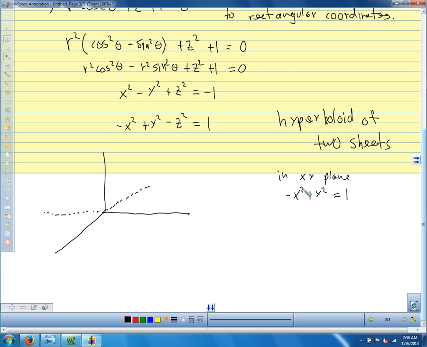If I write it in more familiar form, y squared minus x squared equals 1. That's a hyperbola, and its axis is the y-axis. So in the xy plane we get this hyperbola with its axis on the y-axis, and we get one back here because hyperbolas give us 2.